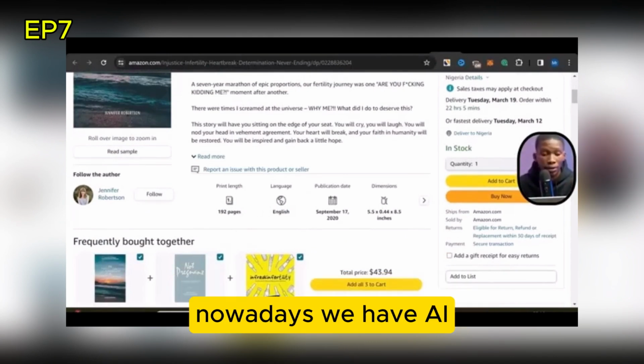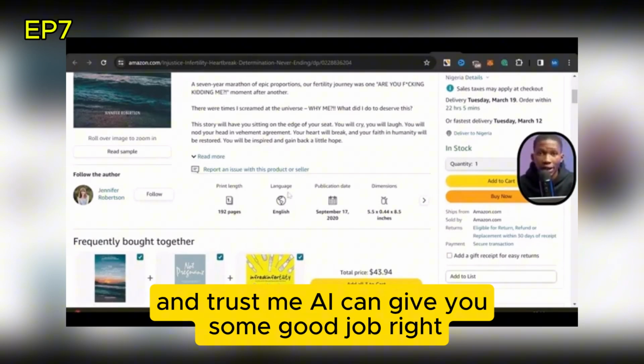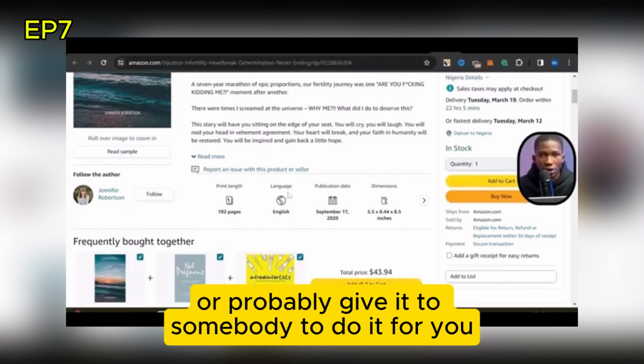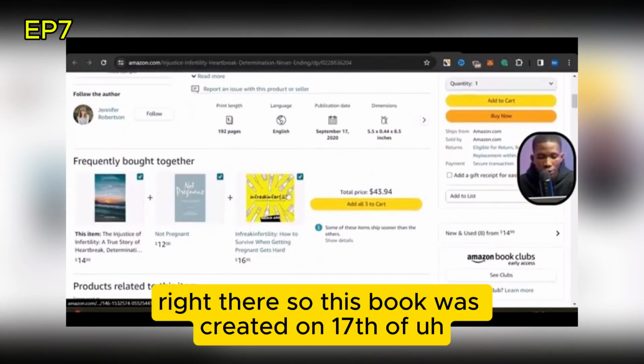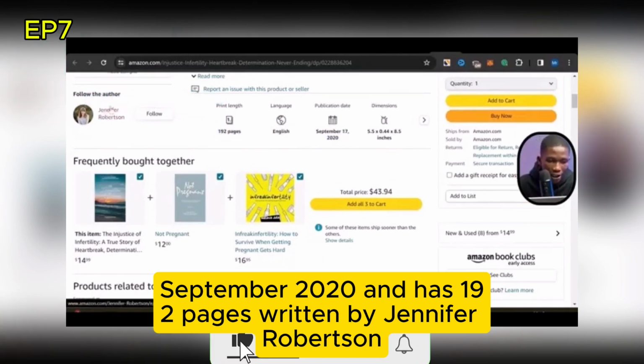Nowadays we have AI. When this person wrote this book, AI wasn't around, and trust me, AI can do a good job. But you're going to have to look through it, add some things yourself, or probably give it to somebody to do it for you if you want to do this as a side business as well. So this book was created on the 17th of September 2020 and has 192 pages, written by Jennifer Robertson.